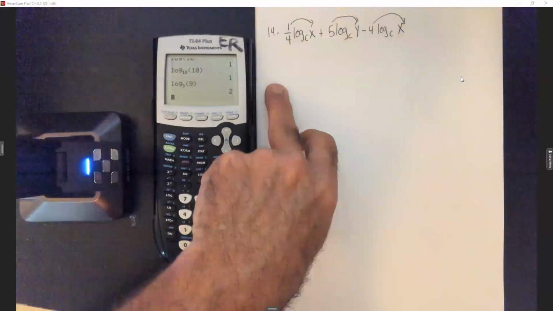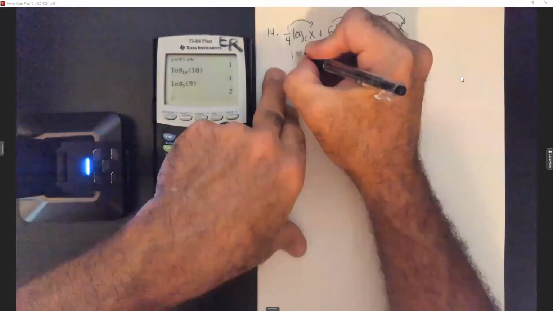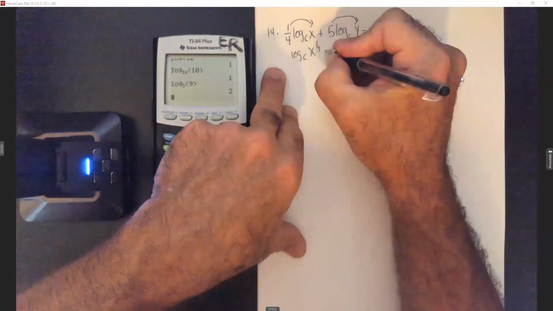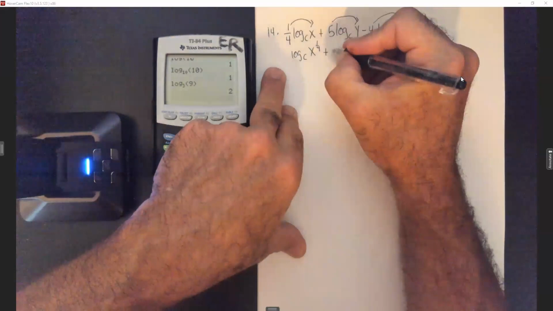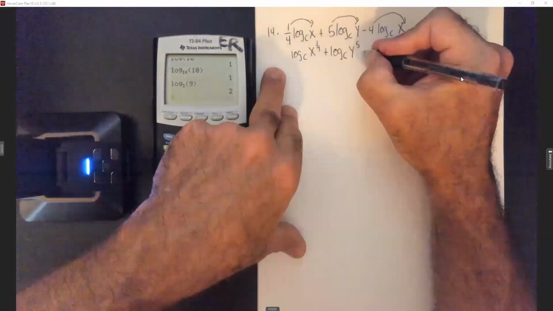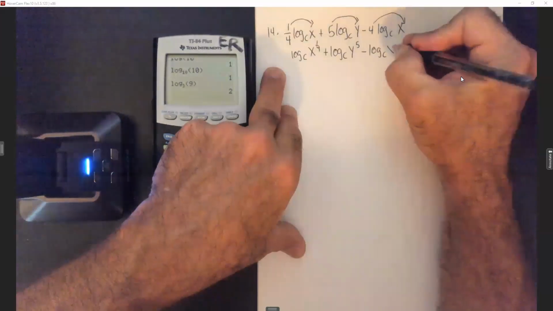So let's give the variables back to their exponents. So this gives me a log C of x to the 1/4 plus log C of y to the 5th minus log C of x to the 4th.